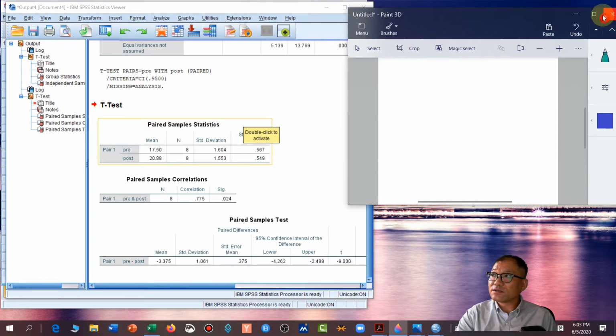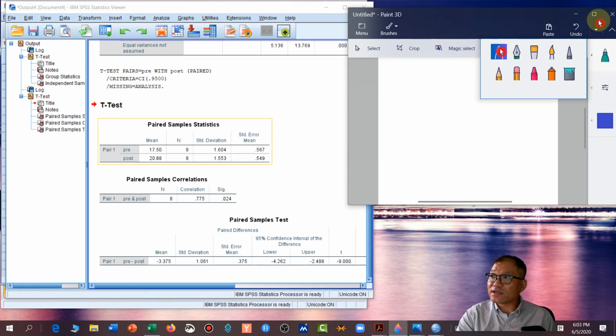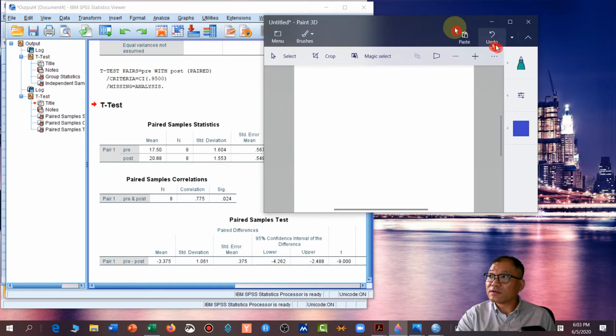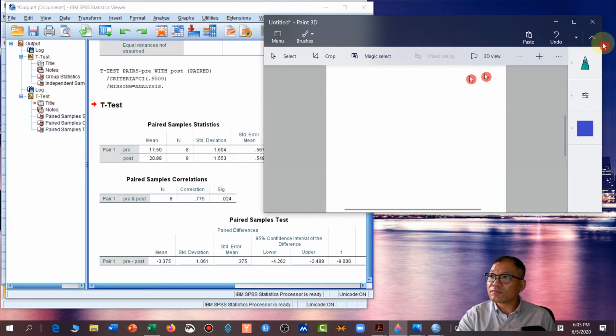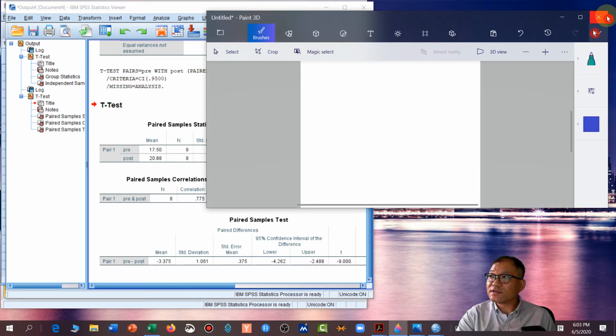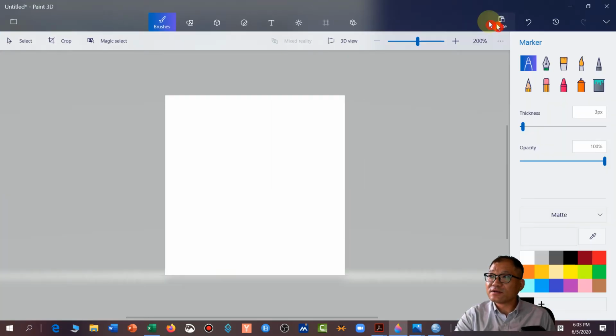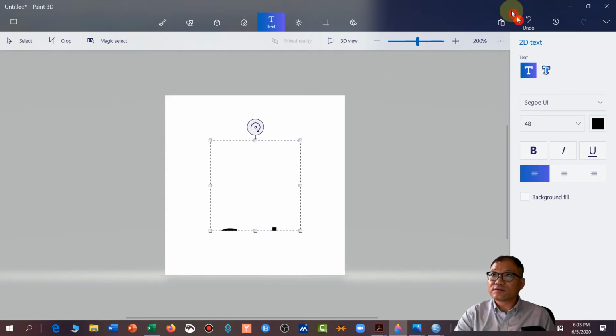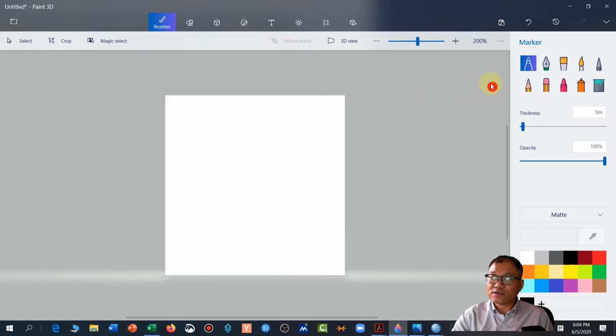Let me just close this one. I don't know what is happening with this node, right? So I have 2 screens right here. This is the SPSS output and this is my node.